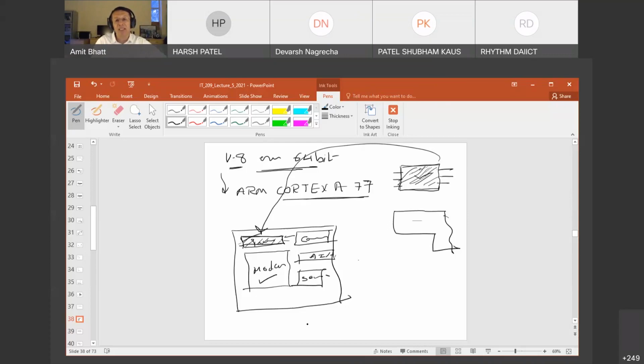If ARM is using TSMC, TSMC will give certain rules to ARM, that your design has to conform to these rules, only then can it be manufactured. So it doesn't work that way, that ARM gives a design and TSMC says, oh, this is too complicated. If it conforms to the TSMC rules, then TSMC should be able to make it. Does that answer your question?